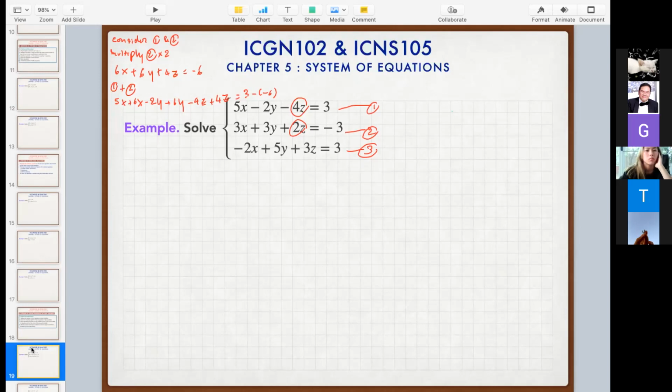Then what I get is 11x plus 4y equals 9.